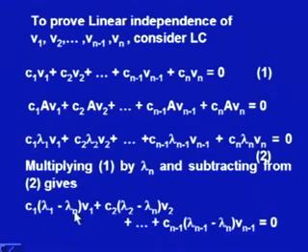So, it is C1 times lambda 1 minus lambda n V1 plus C2 times lambda 2 minus lambda n V2, and we will have all factors up to these terms. But when you see this last term, it is Cn lambda n Vn, and this is also Cn lambda n Vn. So, these two terms will be cancelled out. So, we will have terms C1 up to Cn minus 1.